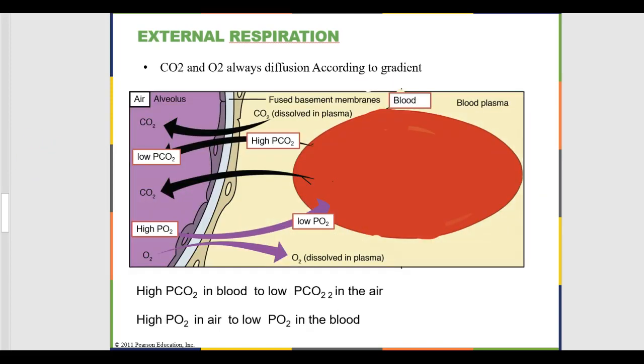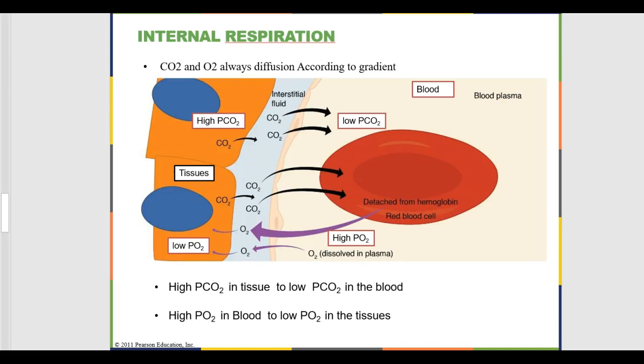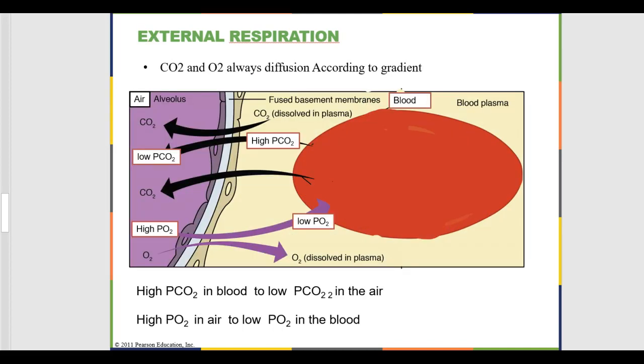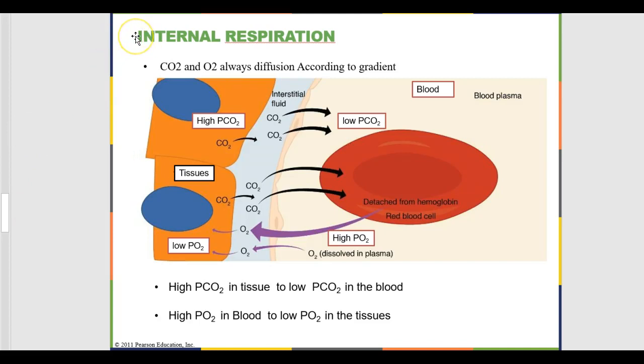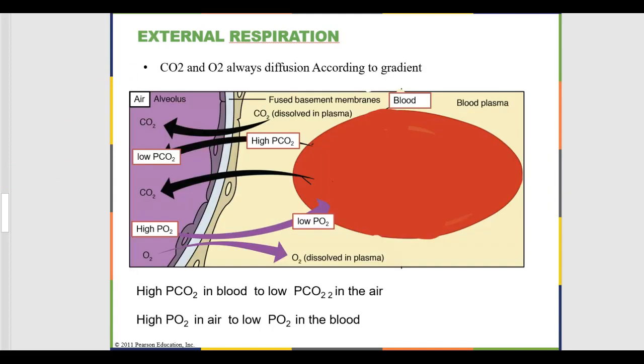Remember your partial pressure gradients for external respiration and internal respiration. When you are reading questions on the exam, the first thing you want to do is say, are we external or internal? Are we in the lungs exchanging gases with the air, or are we in a tissue, like muscle, exchanging gas with the bloodstream?